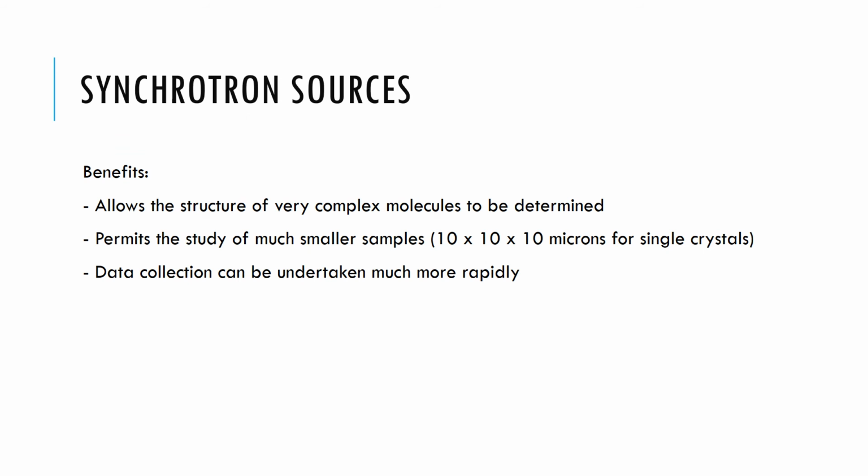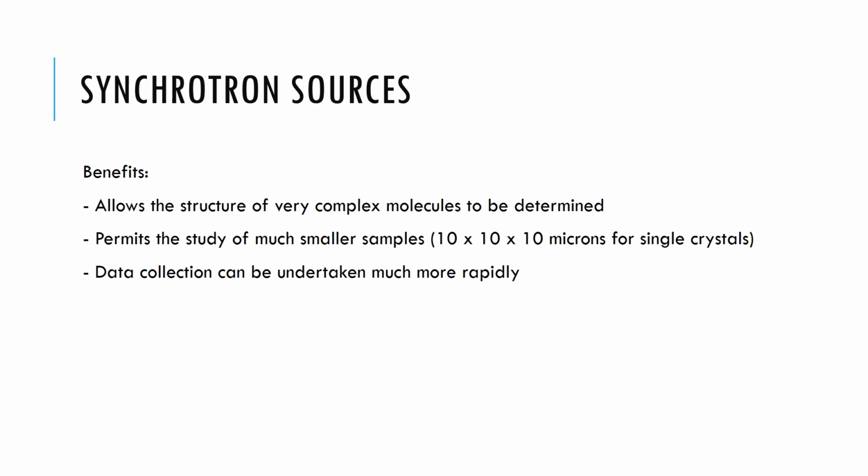There are some major benefits to using X-rays that have been produced by a synchrotron source. The intensity allows the structure of very complex molecules to be determined. Because the X-ray beams are so intense, you can get away with much smaller samples. Think of the implications that has for single crystal X-ray diffraction, where it's often very difficult to grow a single crystal, and you can only grow them in very small sizes.